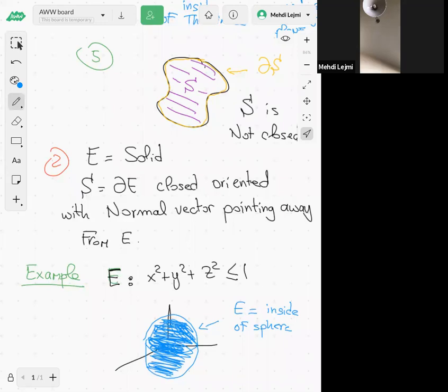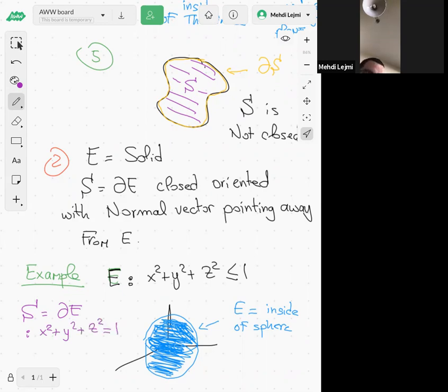Okay, so what will be the boundary of E in this case? Well, E is the inside of the ball. So the boundary of E would be the sphere. The boundary S of E is given by x squared plus y squared plus z squared equal to 1.